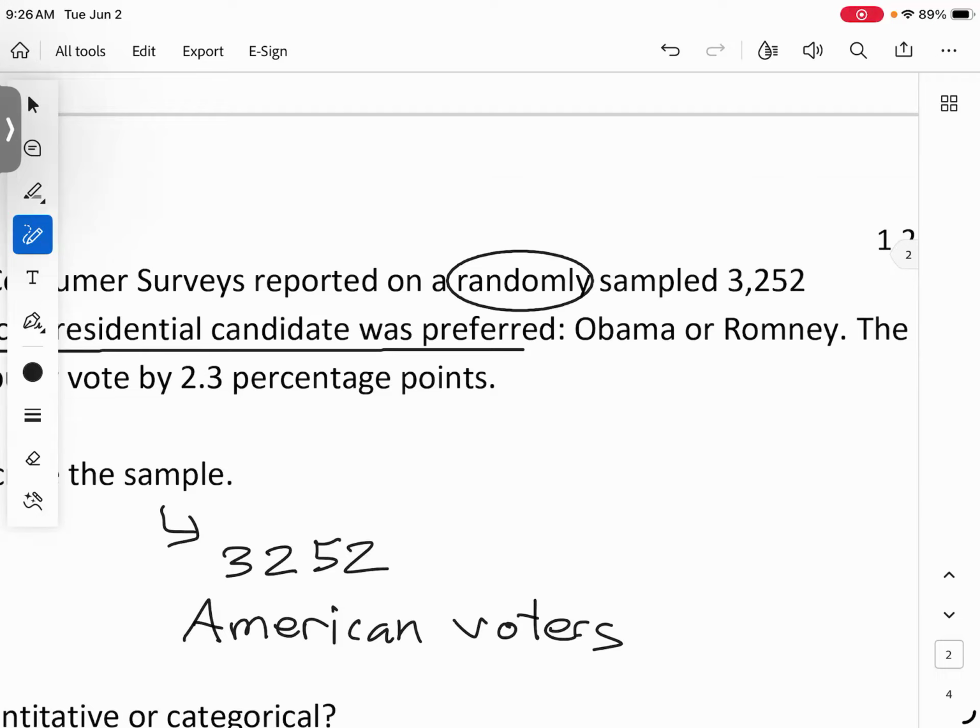So these were not just people who self-selected and decided that they wanted to be part of the study. They were randomly chosen. So in that case, it increases the chances that they were a good mixture of Republican, Democrat, Independent, rich or poor, different religion types, all mixed up in there.